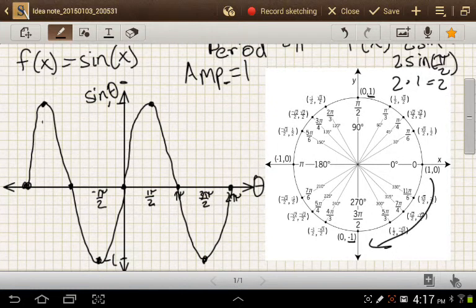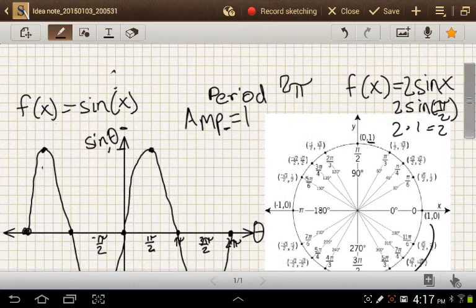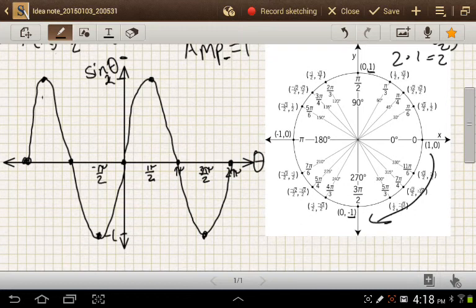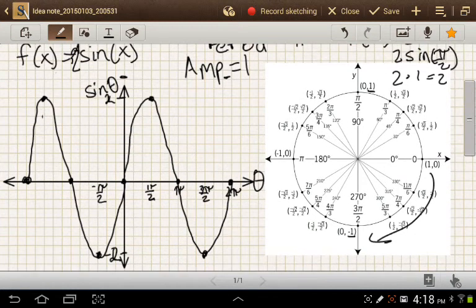And the same thing would repeat itself. So let's graph that function right here, 2 sine of x. Well, all I have to do is just change this top value to 2 and the bottom value to -2. And that's how I would graph a vertical stretch of the sine function.